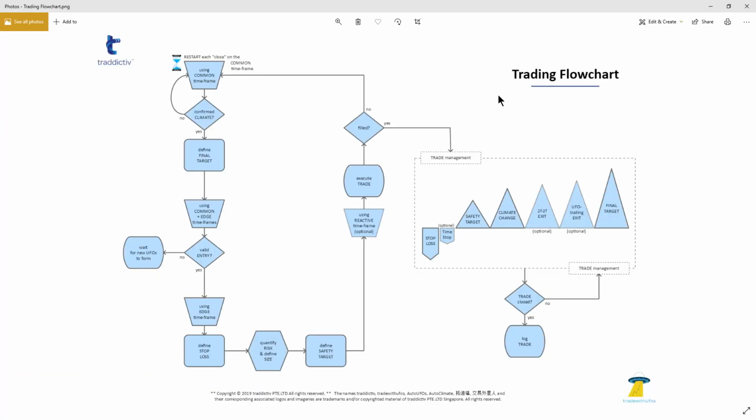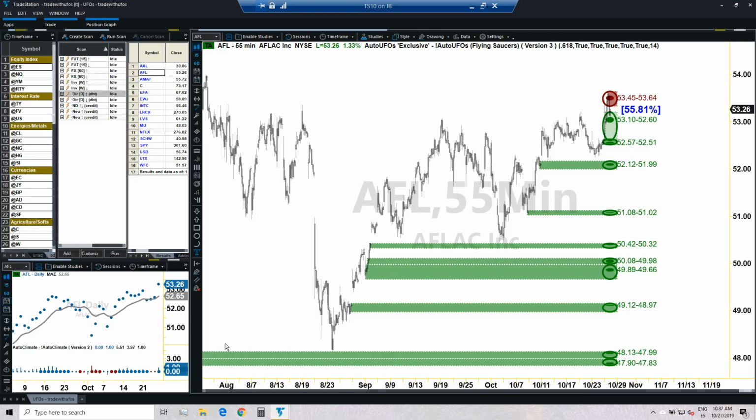Keep going. Using the edge time frame, define your stop loss. Well, simple. The bottom part of this UFO is 52.51, so the stop will be 52.50. If you use shares, a different story would be to use options, but this is not the subject for today.